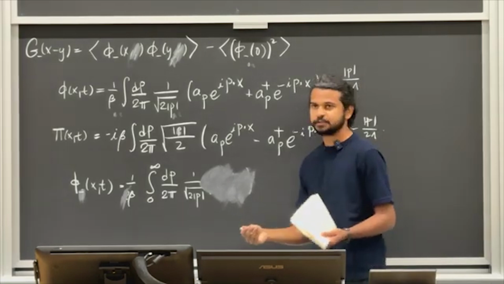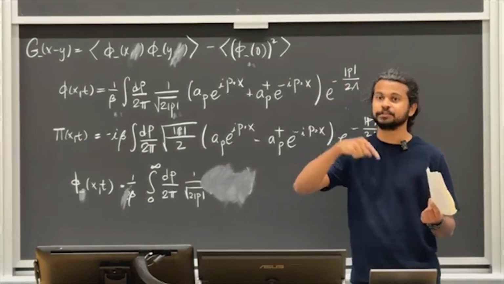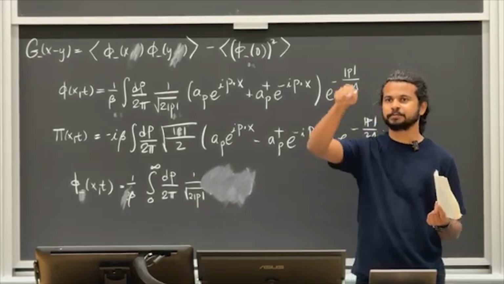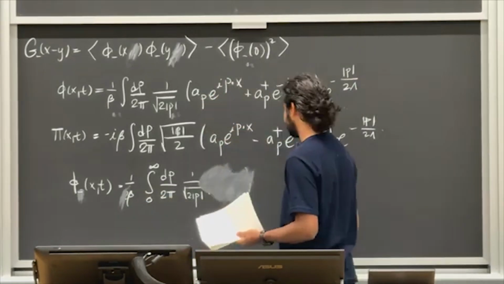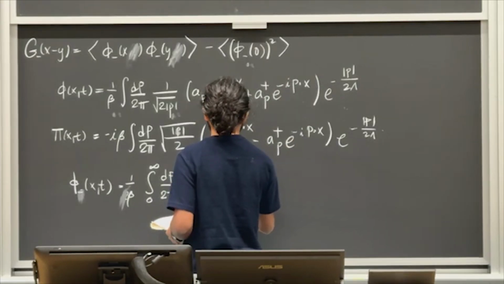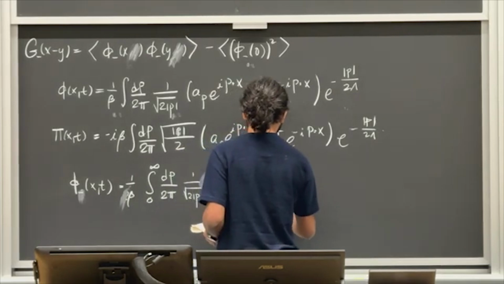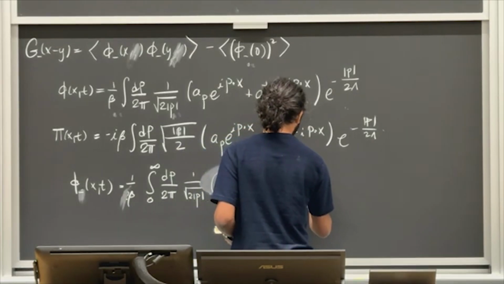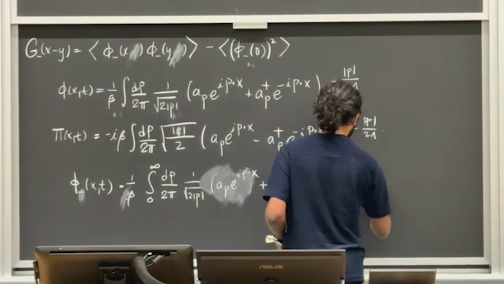If p is negative, then 1 minus p by p is 0, and if p is positive, 1 plus p by p is 2, and that cancels with 2, and so on. a_p e to the i p dot x plus a dagger p e to the minus i p dot x, e to the minus p by 2 lambda.